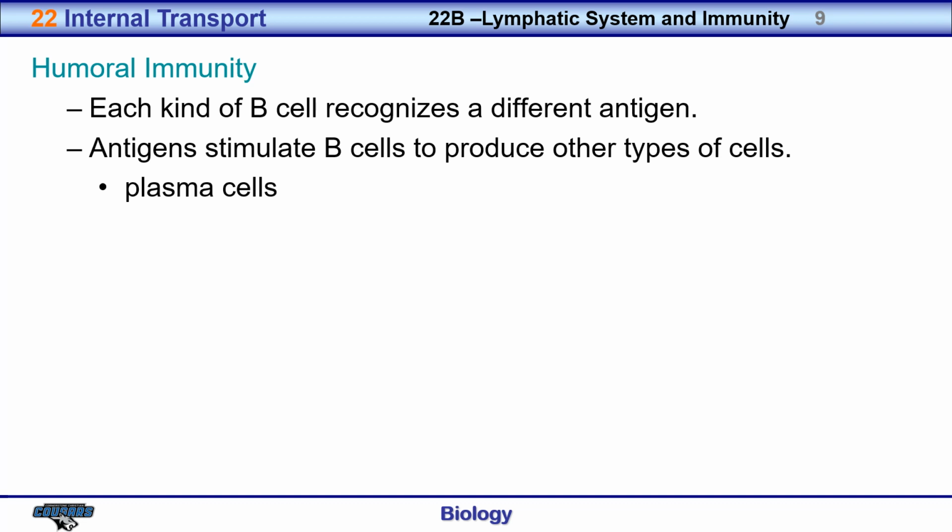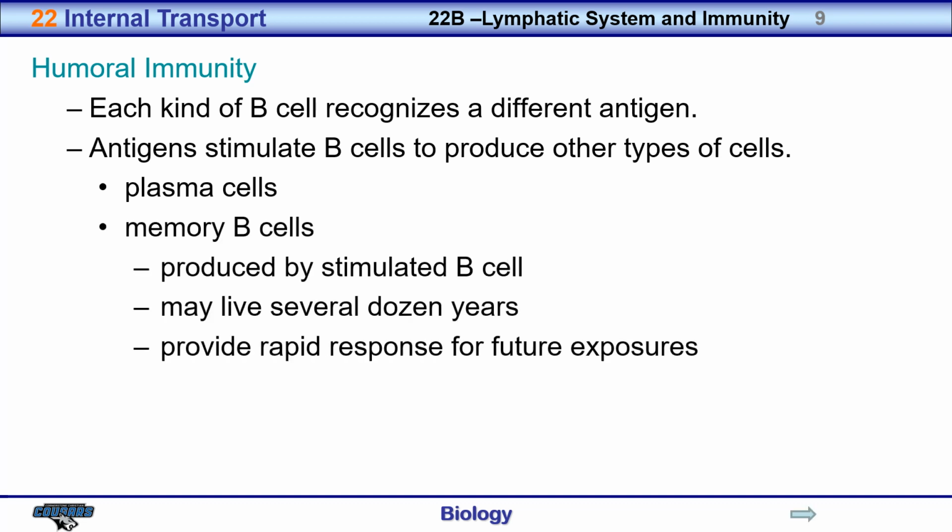Now, in addition to the plasma cells that are produced, they produce memory cells, memory B cells. And when a B cell is stimulated by an antigen, it can become a memory B cell. And these memory B cells can live for actually several dozen years.